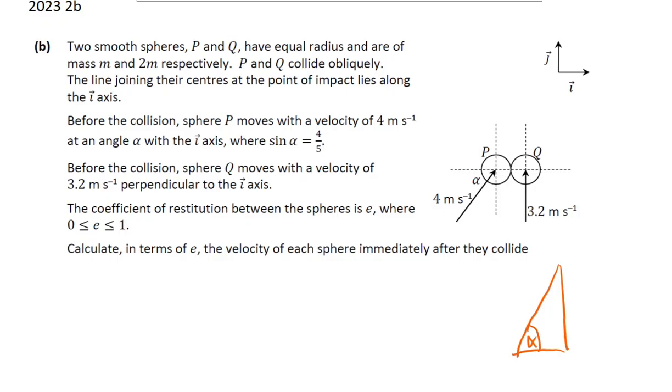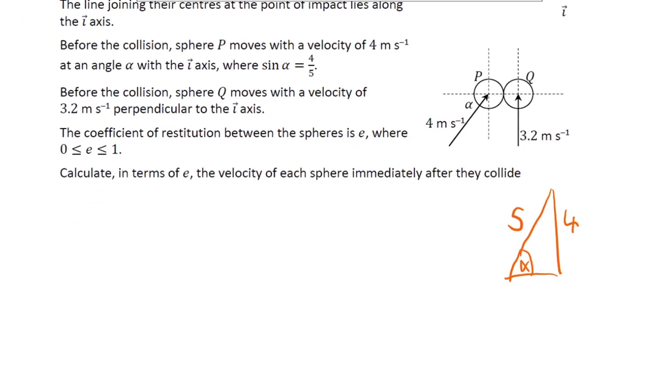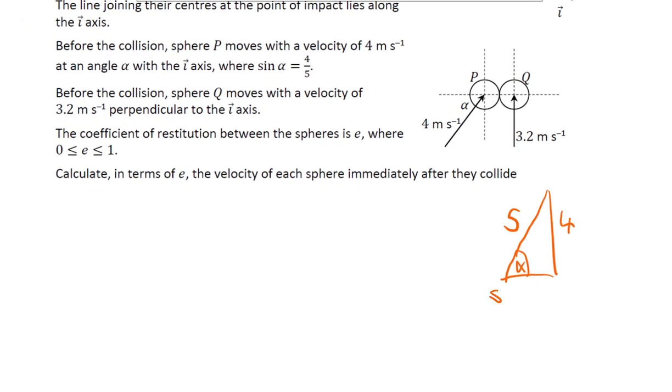Sine alpha is 4/5, meaning opposite over hypotenuse, and it's a 3, 4, 5 triangle. So Pythagoras tells us the adjacent side is 3. That means cos alpha is 3/5, and tan alpha equals 4/3.